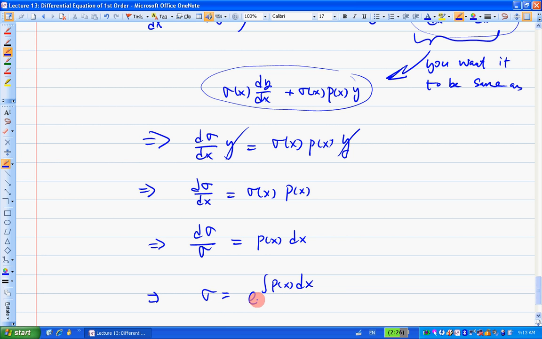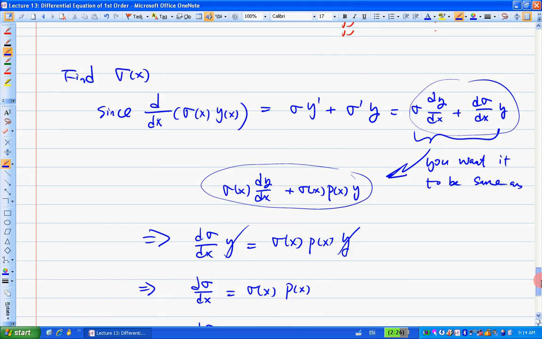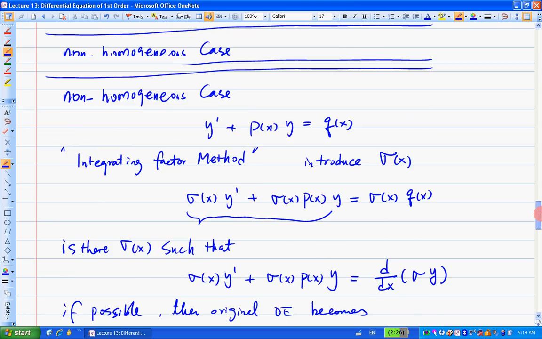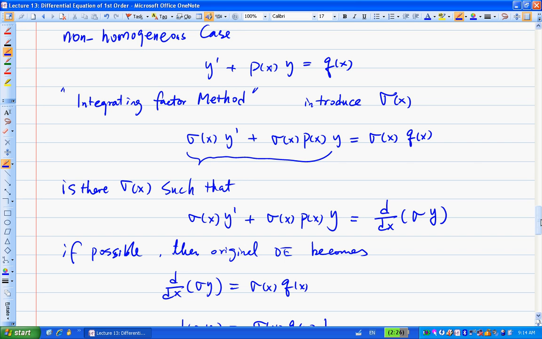This sigma will satisfy that whole assumption. So let me go over this logic again. We started the question saying we wanted to find a sigma such that, after multiplying sigma to each side of the equation, the whole left side can be written into here.